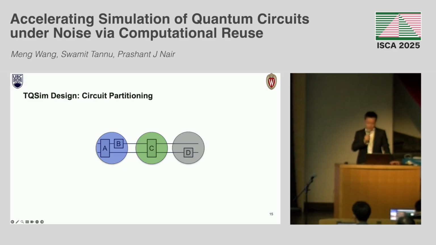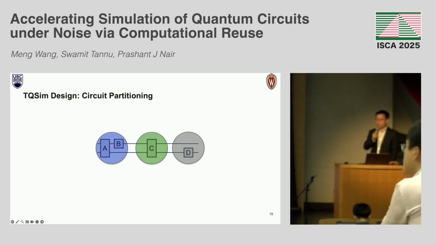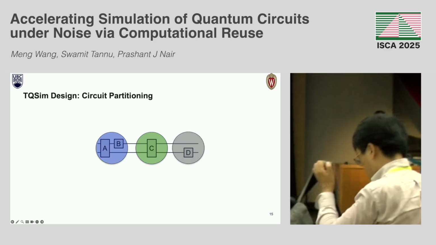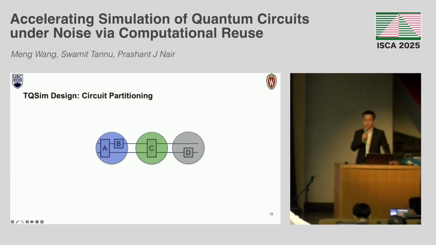It also considers the cost of doing the reuse, because each reuse involves making a copy of a state and later reusing that state for another subcircuit. So there's a cost associated with that process. We want to ensure that the cost of such caching does not outweigh the speedup we are aiming to achieve.